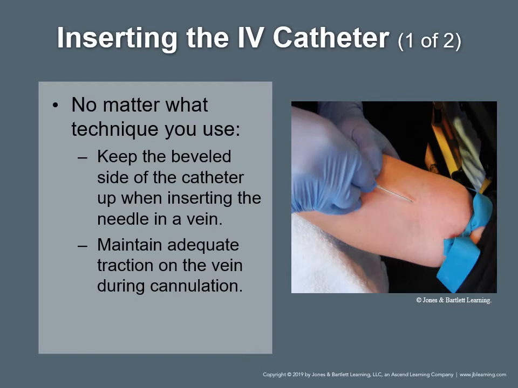Inserting the IV catheter. Each advanced EMT has a unique technique. Observe many different techniques to determine what works best for you. No matter what technique you use, keep the beveled side of the catheter up when inserting the needle in a vein. Maintain adequate traction on the vein during cannulation.